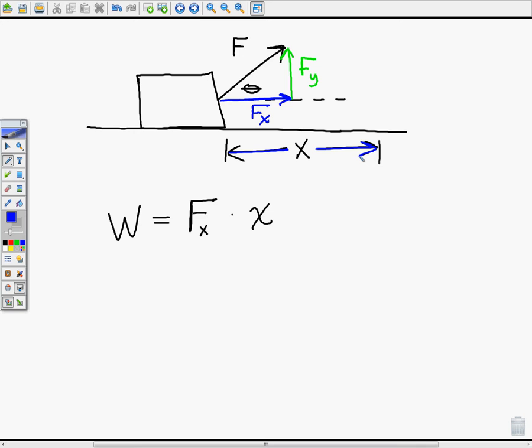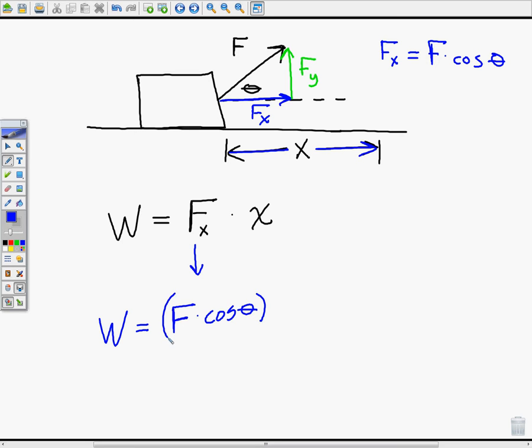And if we look at the little trig SOHCAHTOA, it turns out that f sub x is equal to the whole force times cosine of theta. So if we make that substitution in here for f sub x, we get the general formula for work. Work is equal to the force times the cosine of theta.